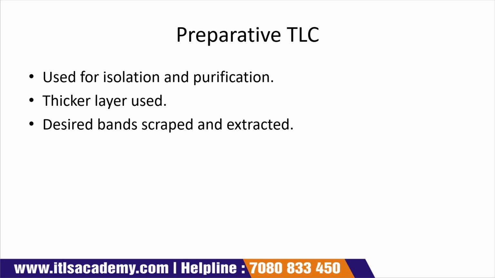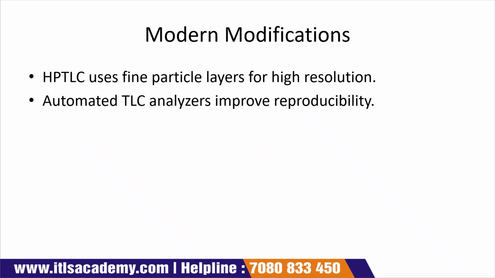Preparative TLC is used for isolation and purification. A thicker layer is used, and the desired band is scraped and extracted. Modern modification, HPTLC, is used for separation with a fine particle layer for high resolution power.